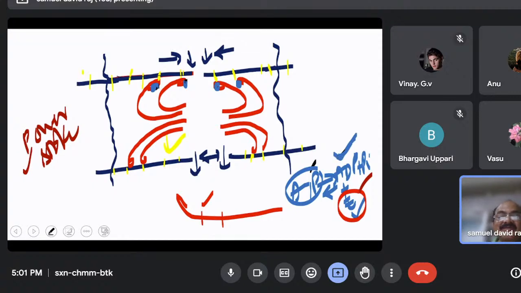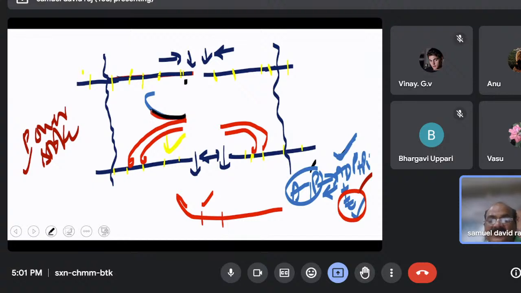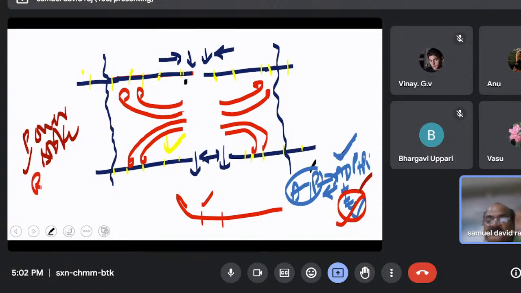When ATP is resynthesized, it is released from the active site, and followed by utilizing the remaining amount of energy, it comes back to the normal position, which we call the recovery stroke.